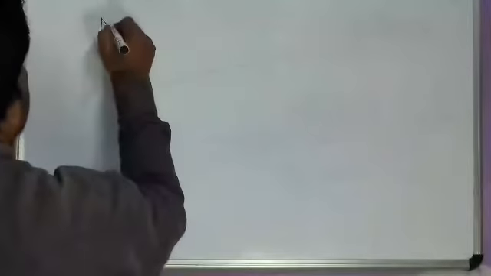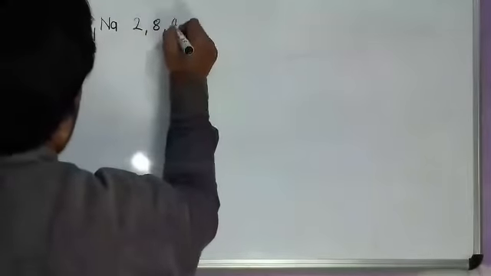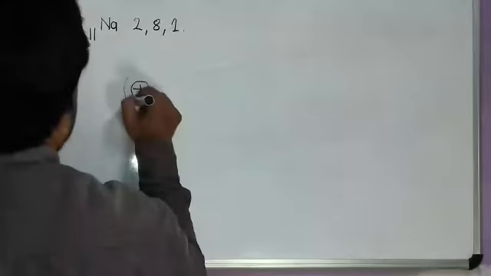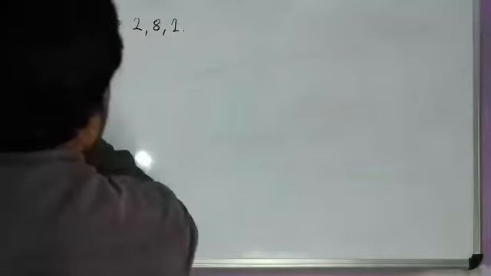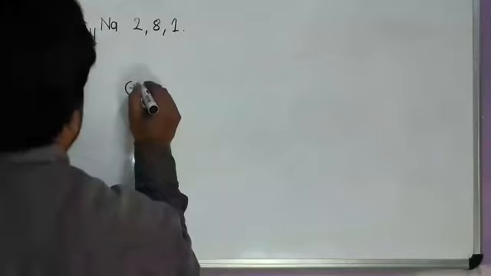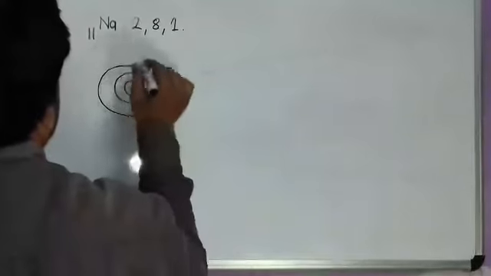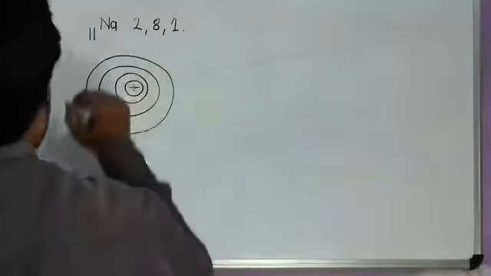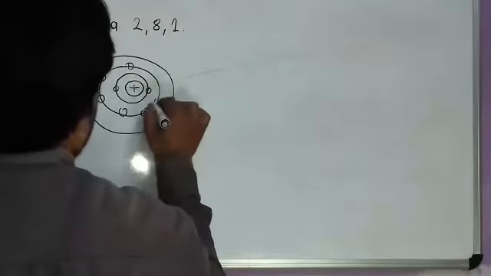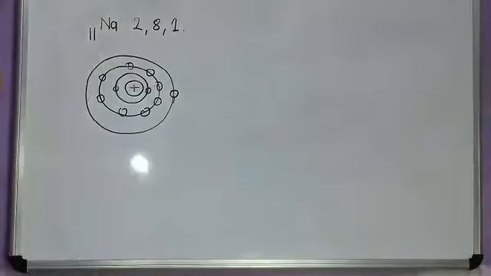Na, 11, 2 8 1. The structure of Na is 2, 8 and 1.